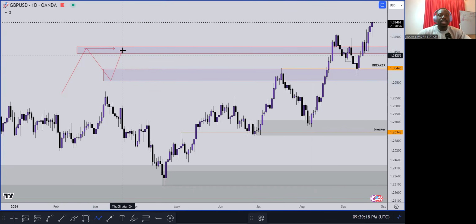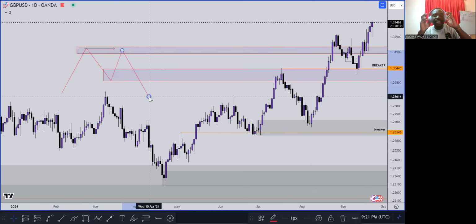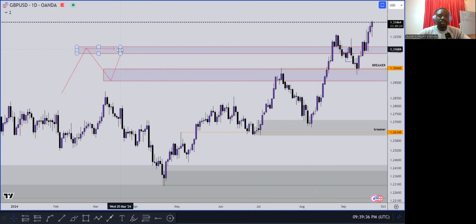And when this happens, you can see what retail traders would call an M pattern, or a double top pattern. But when the double top pattern fails to form, what are we going to have? We're definitely going to have a break of structure to the upside. So now that invisible resistance area here becomes a visible support area.